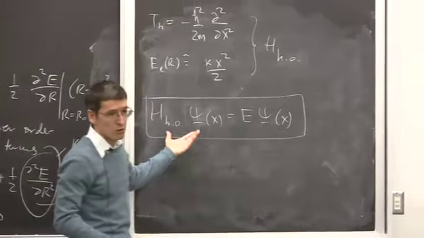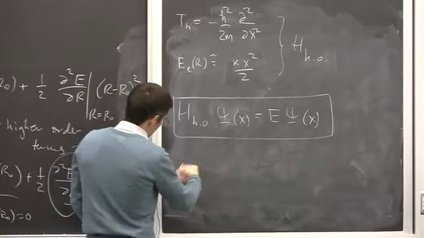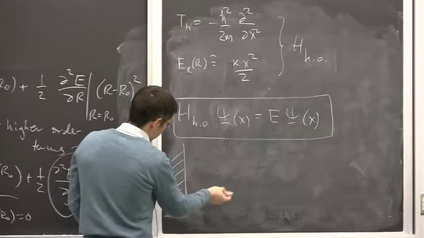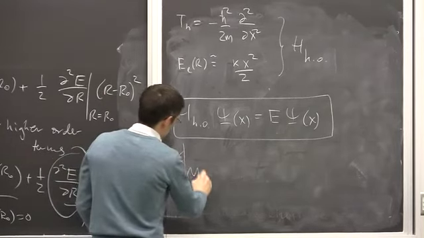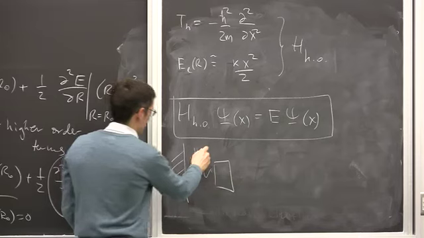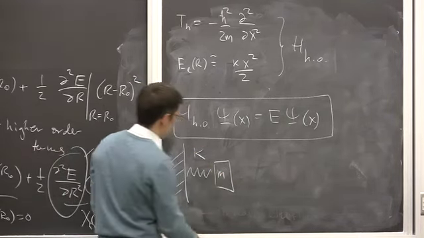That is called the harmonic oscillator problem, because you can also think of it as some kind of support, a spring with hardness k and mass m.